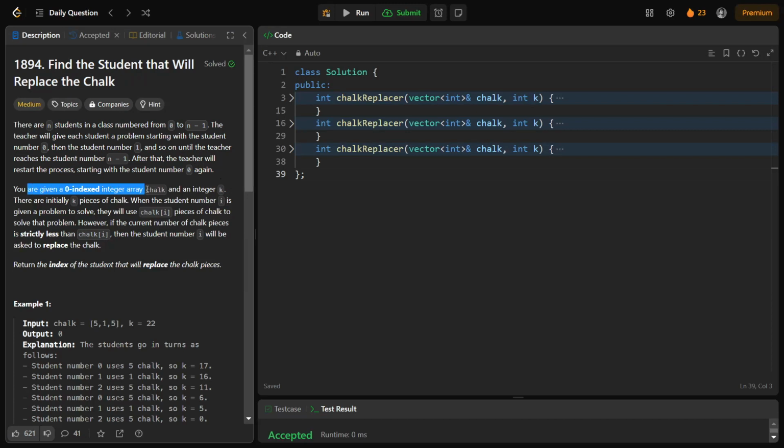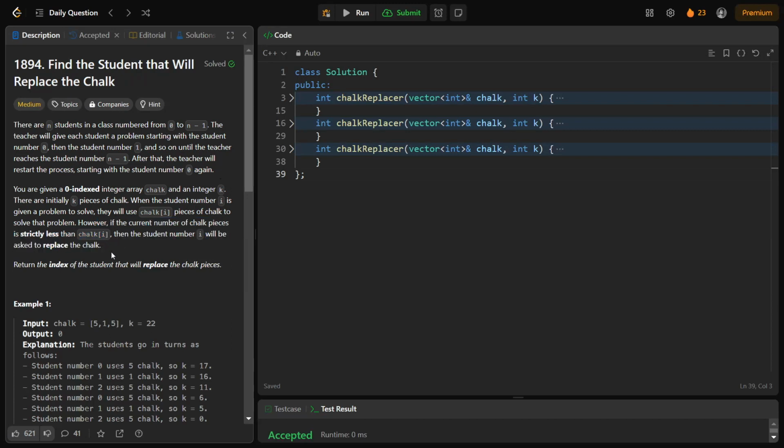You are given a 0-indexed array, chalk, and an integer k, and there are initially k pieces of chalk. When the student number i is given a problem to solve, they will use chalk[i] pieces of chalk. However, if the current number of chalk pieces is strictly less than chalk[i], then student number i will be asked to replace the chalk.